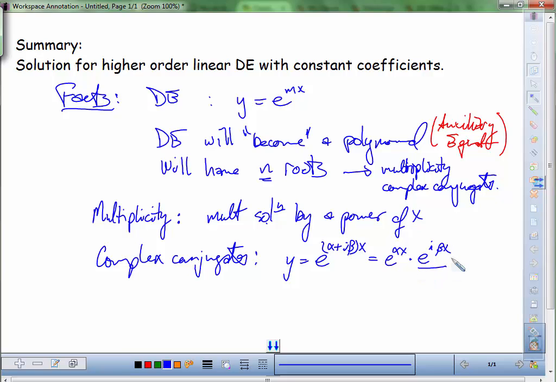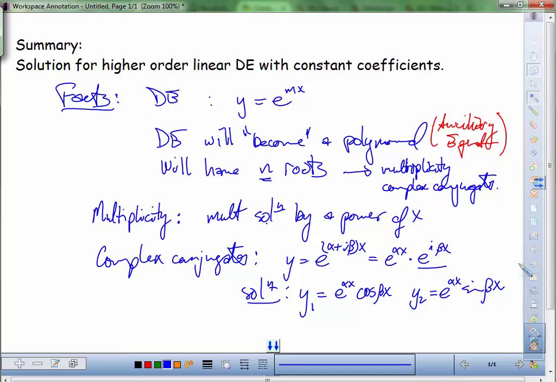And this, remember, expands to some sines and cosines. And so you get a solution y1 is equal to e to the alpha x times cosine of beta x. And then y2 is going to be e to the alpha x sine beta x.